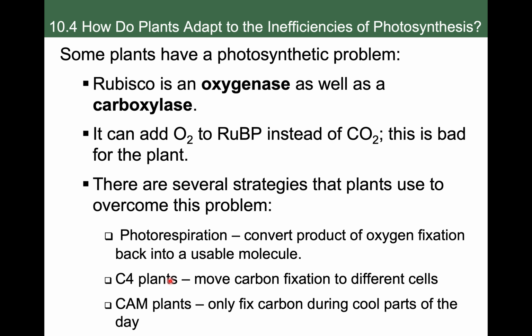In C4 plants, these plants get around this issue by moving carbon fixation into a physically different location in the cell where there's not going to be as high a concentration of oxygen. CAM plants take yet another strategy. They will basically only fix carbon, only run that part of the Calvin cycle during the cooler parts of the day when the stomata could be open. Okay? So that we wouldn't have that problem of oxygen building up.